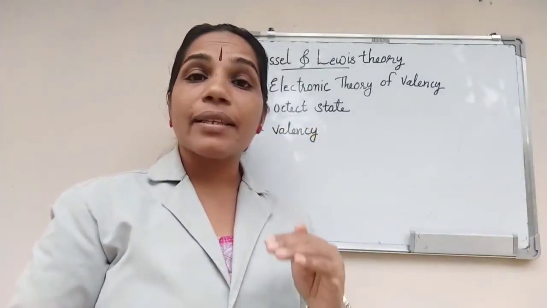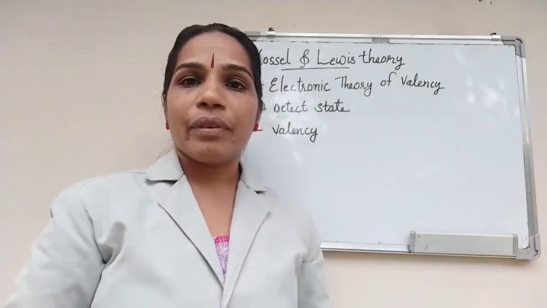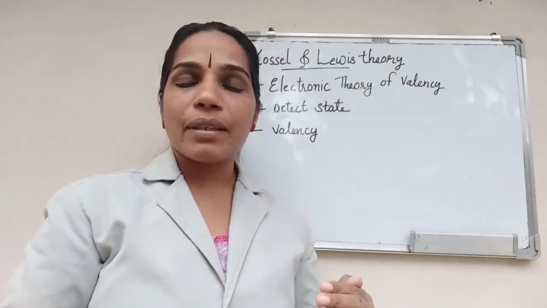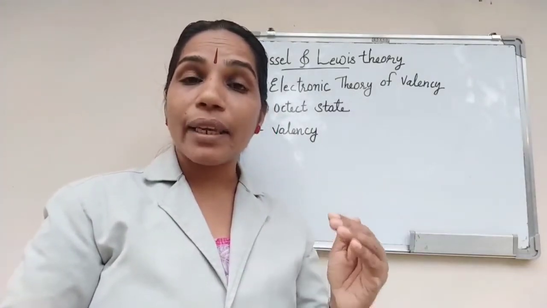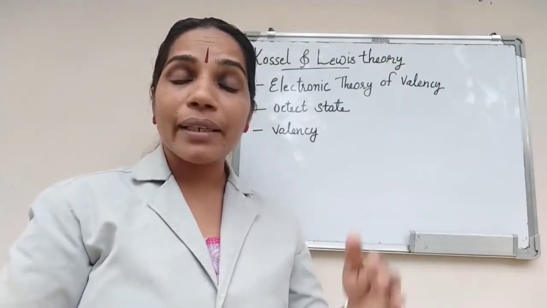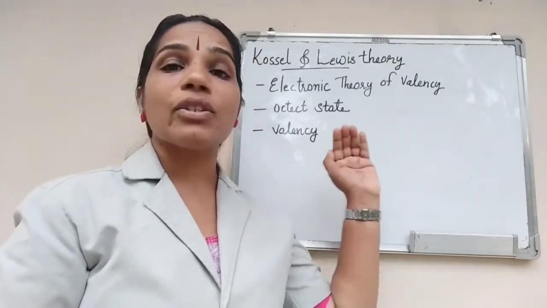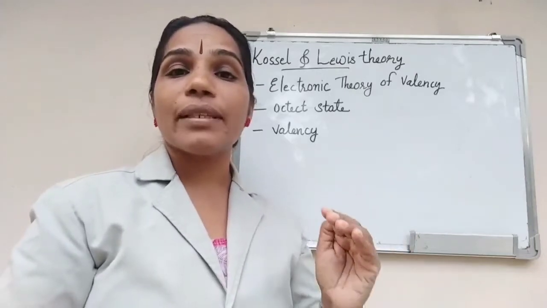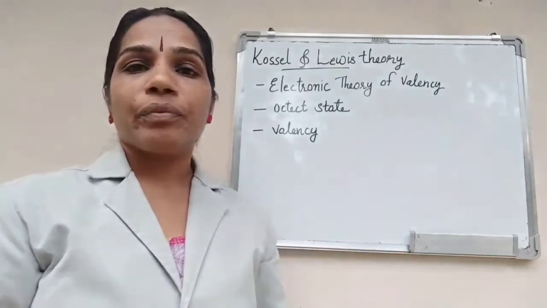That state is stable. The atoms combine to attain stability, by getting the octet state, 8 electrons in the valence shell.